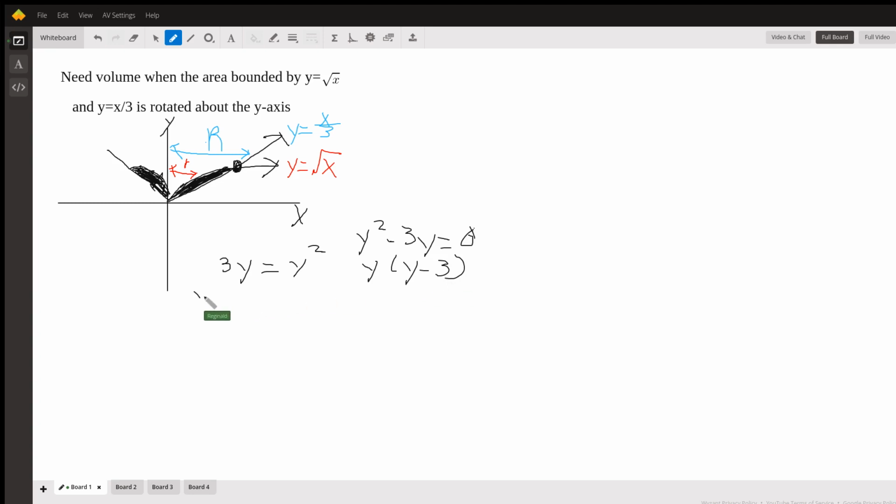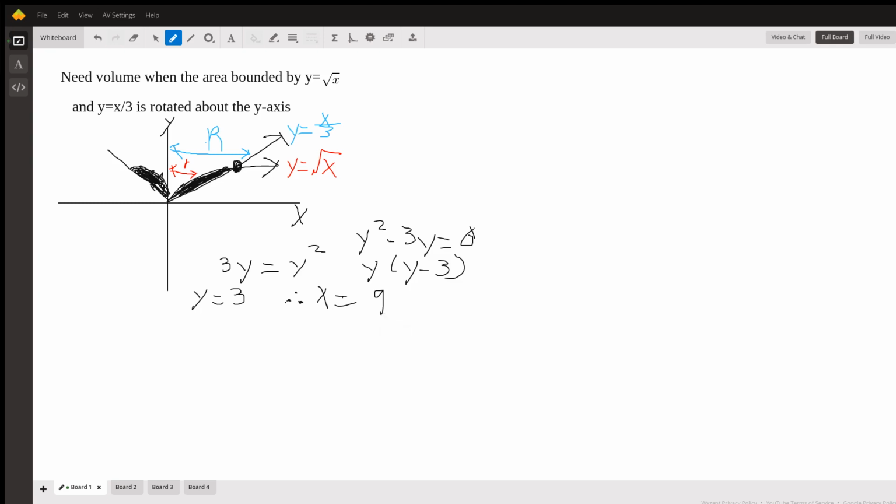So y is 3, and then x equals 3 times 3, or x equals 3 squared, which is 9.